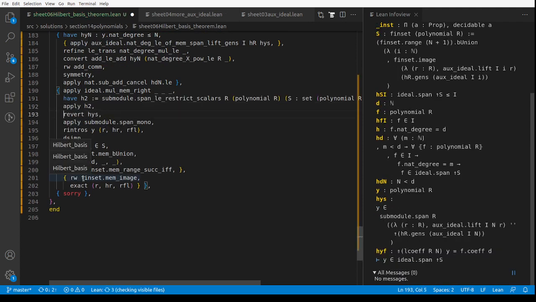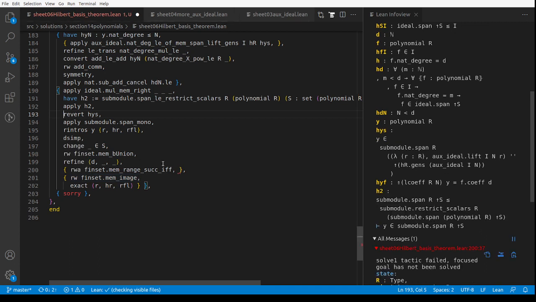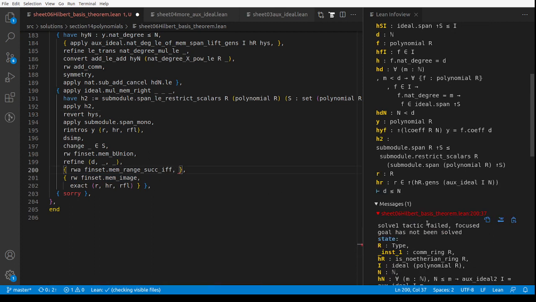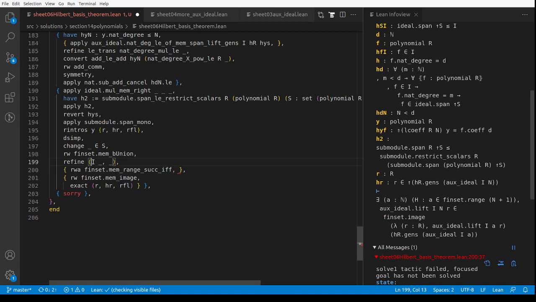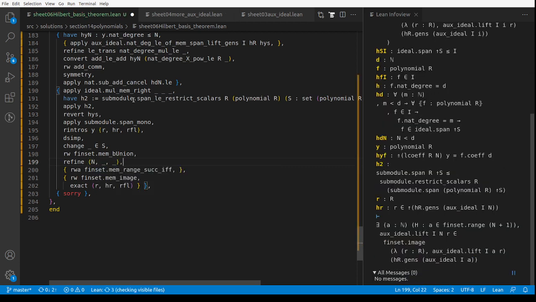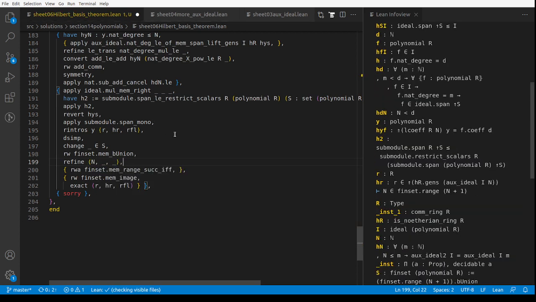Now maybe this will magically work. It did not magically work. I've got an error on line 200. That's interesting. I was supposed to be proving that D is less than or equal to n. That's because I don't want to use D. I want to use n here, right? And now that's compiled. Wonderful.